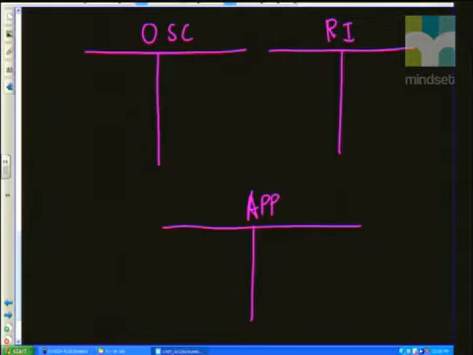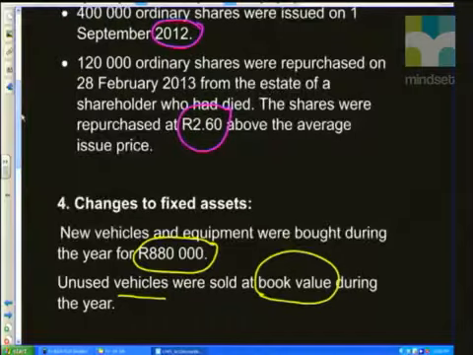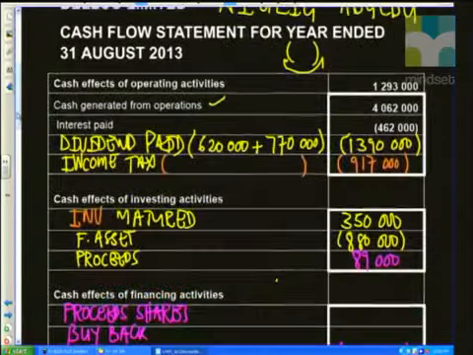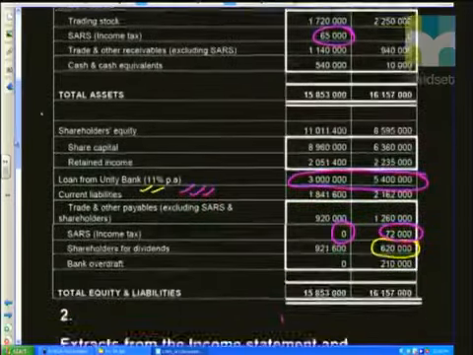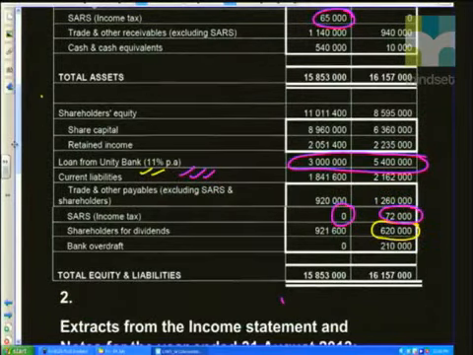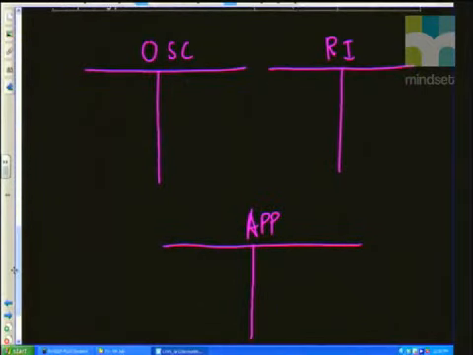What information do I have? There's my share capital. My share capital has an opening balance of 6,360,000. So therefore, 6,360,000 is my opening balance in my ordinary share capital account.